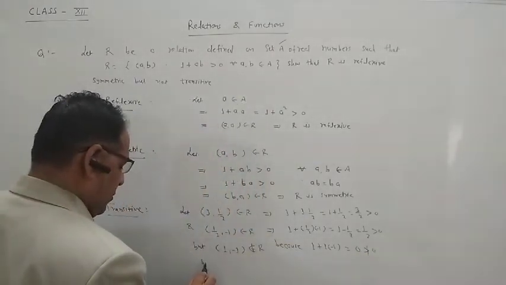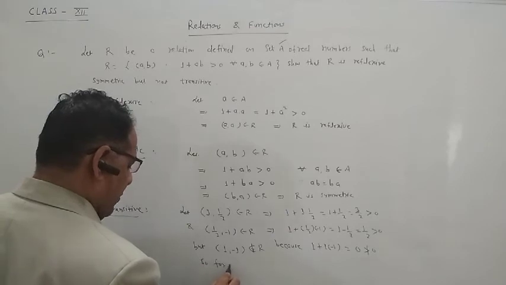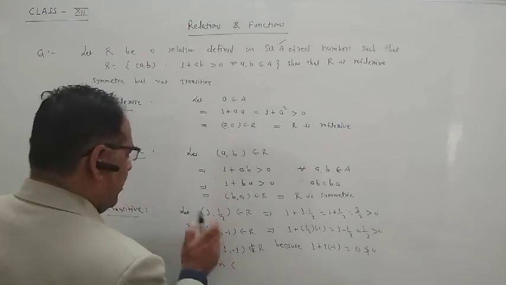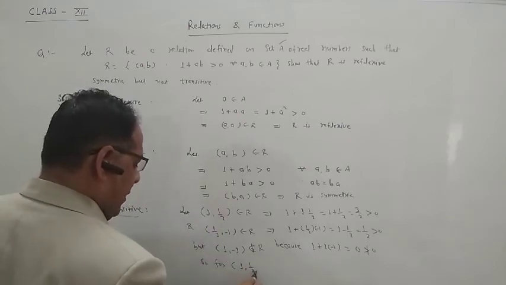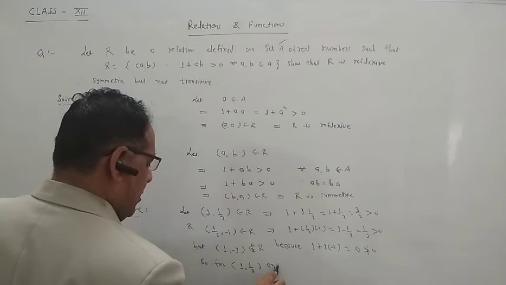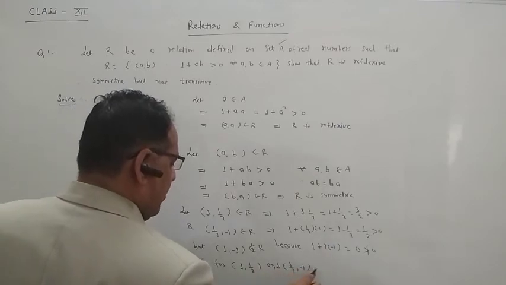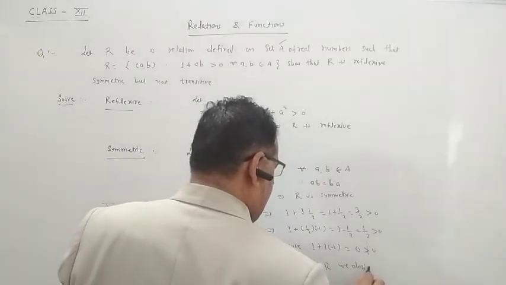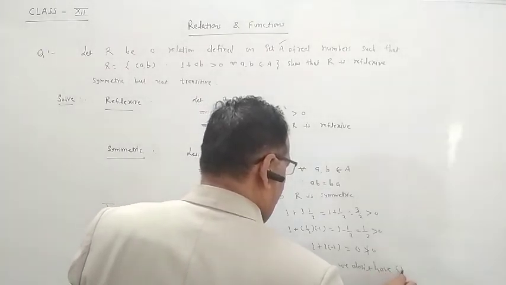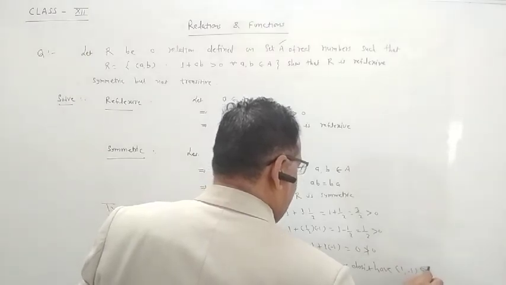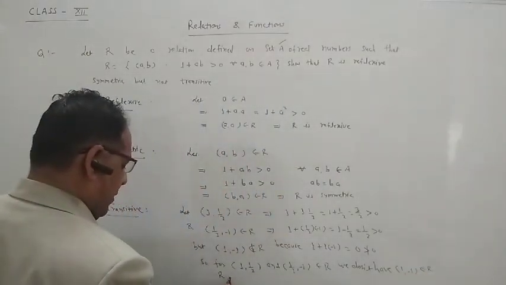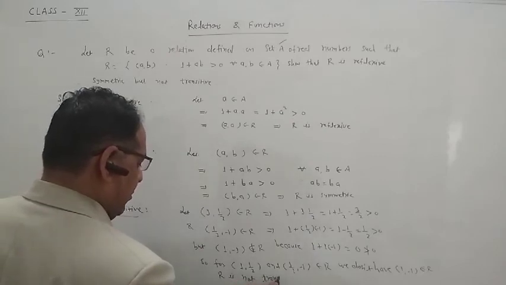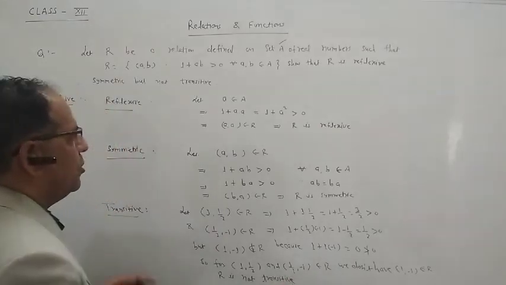So for (1, 1/2) and (1/2, -1) belonging to R, we don't have (1, -1) belonging to R. So R is not transitive.